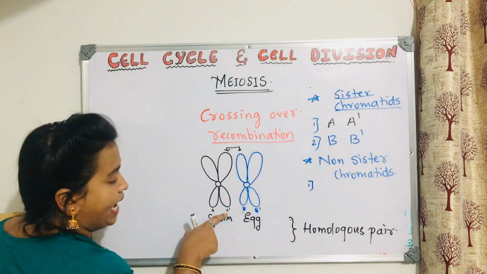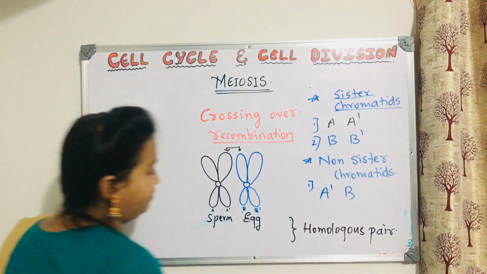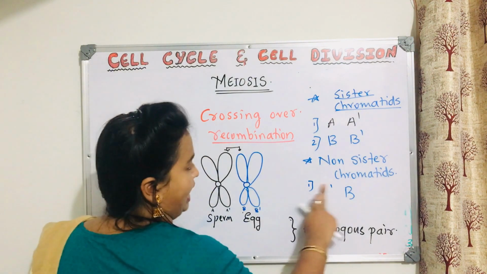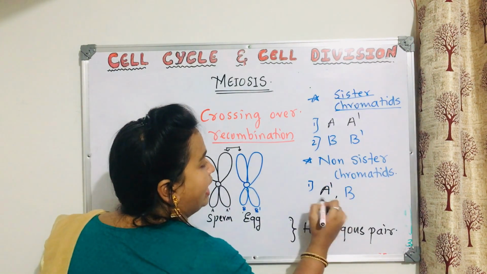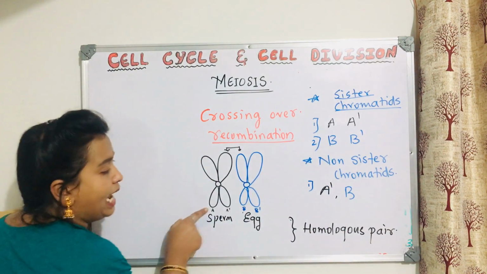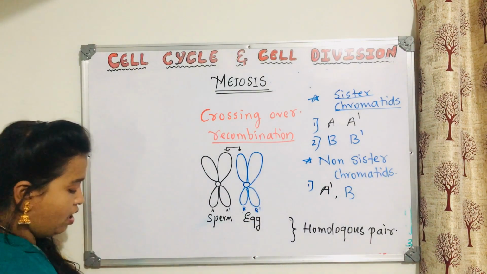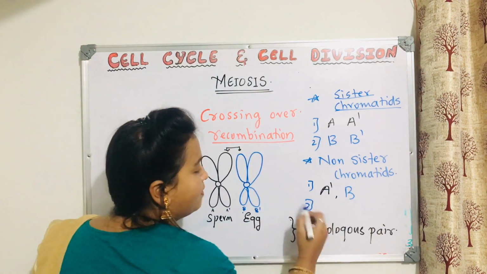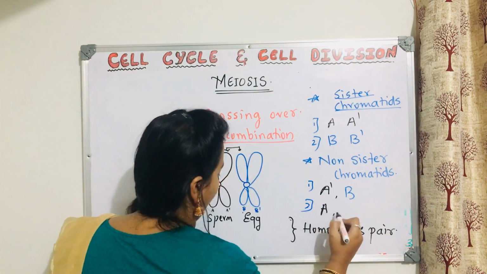This is A dash and this is B. A dash and B are non-sister chromatids. What about this A and B dash? Even these are non-sister chromatids. A and B dash are also non-sister chromatids.